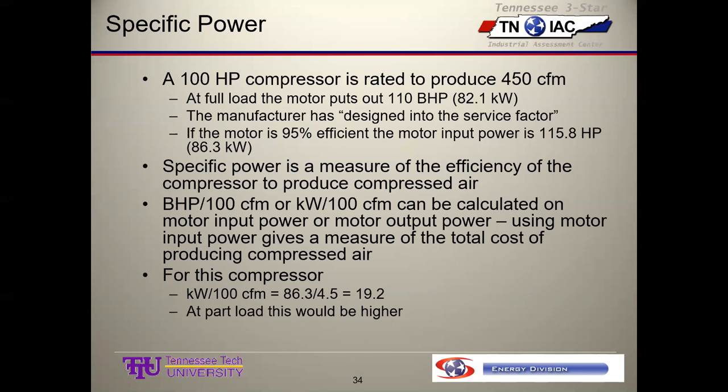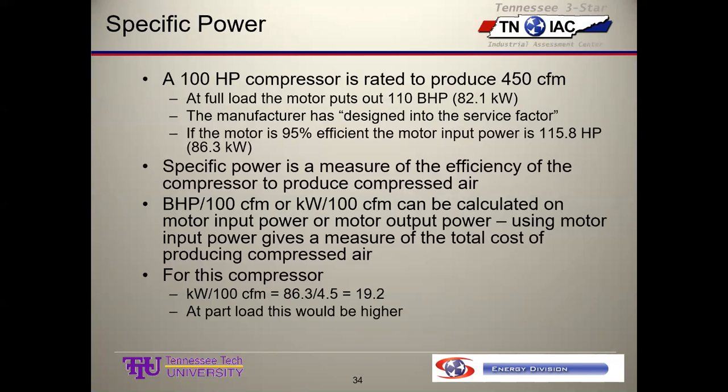There are some 100 horse compressors out there that at 100 PSI are rated for 500 CFM. That's fine. My number I remember is typically about 450, but whatever you want to, you need to remember that a 100 horse compressor, for a standard industrial compressor, is roughly 450 to 500 CFM.